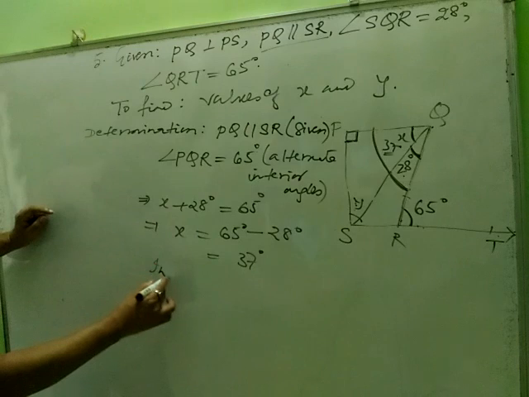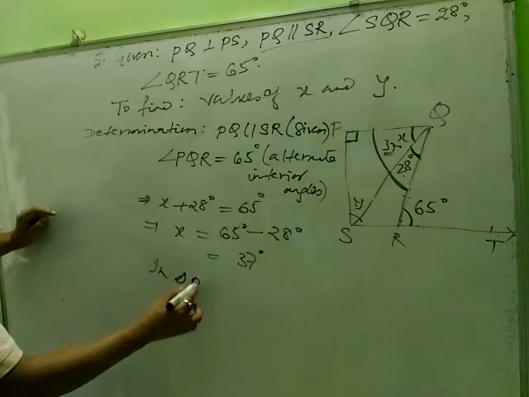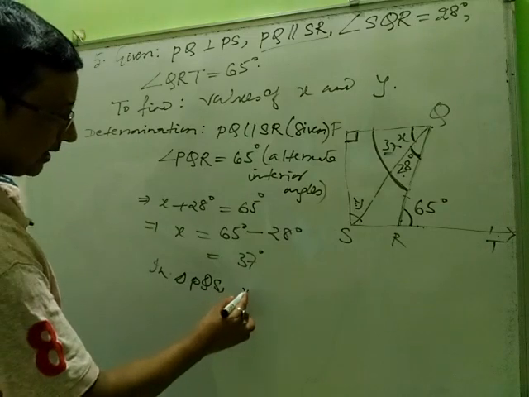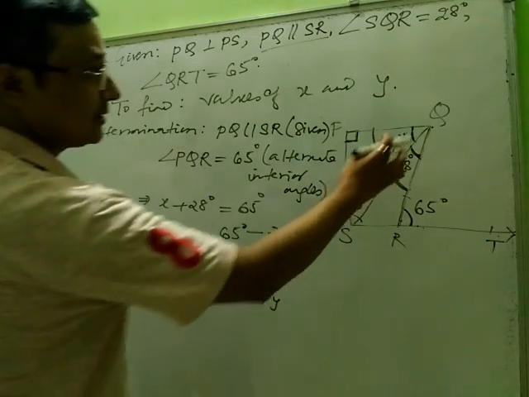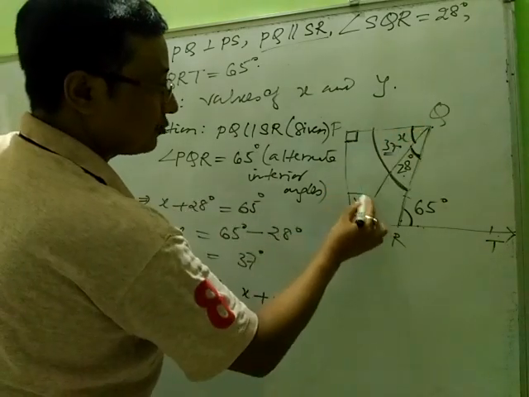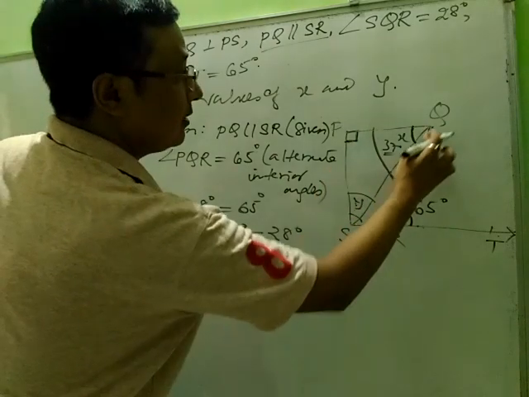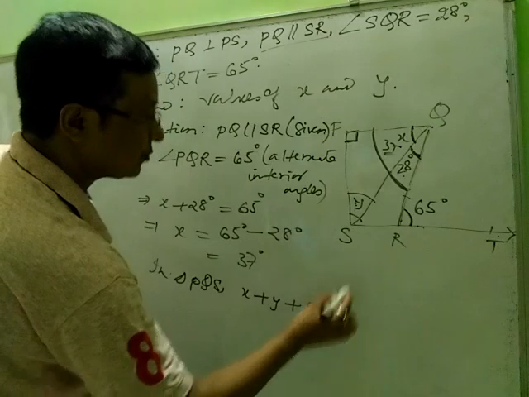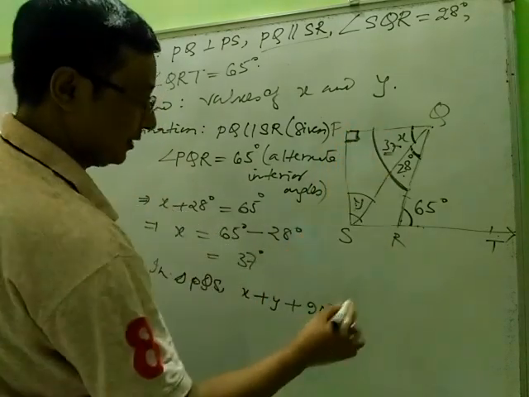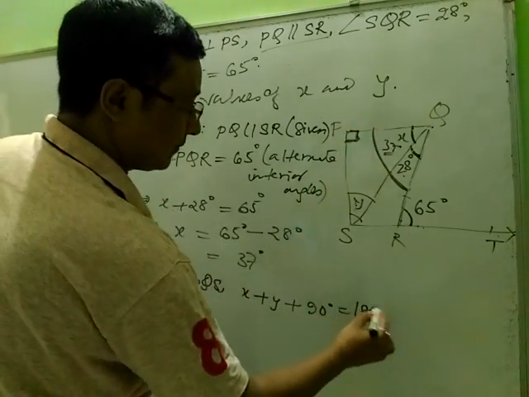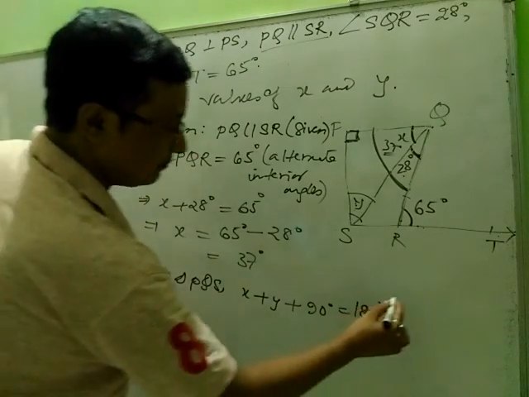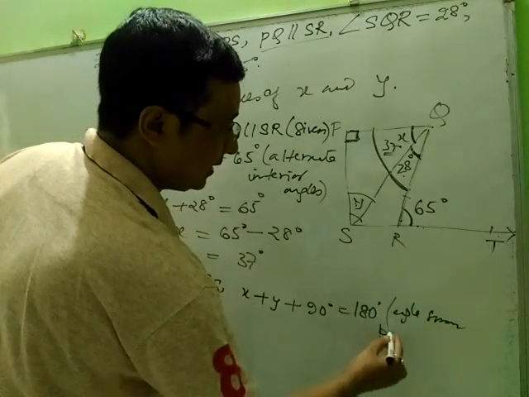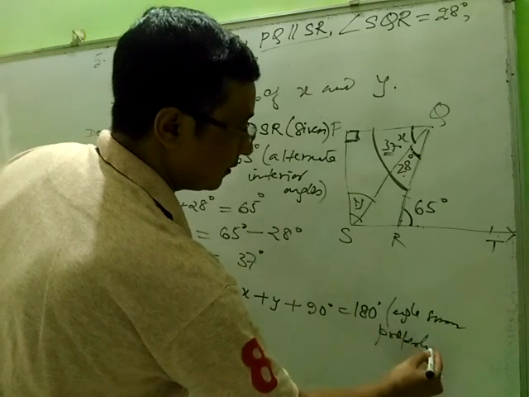So in triangle PQS, x plus y plus 90 degrees equals 180 degrees. It is the angle sum property of a triangle.